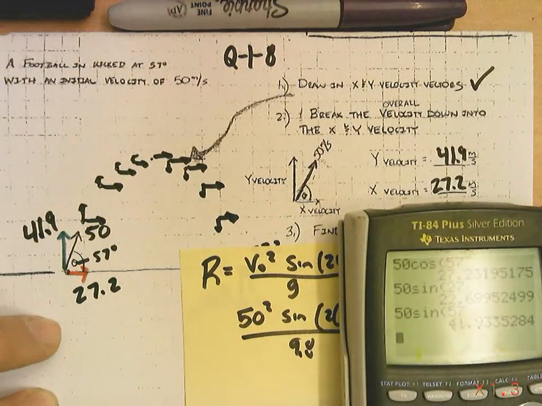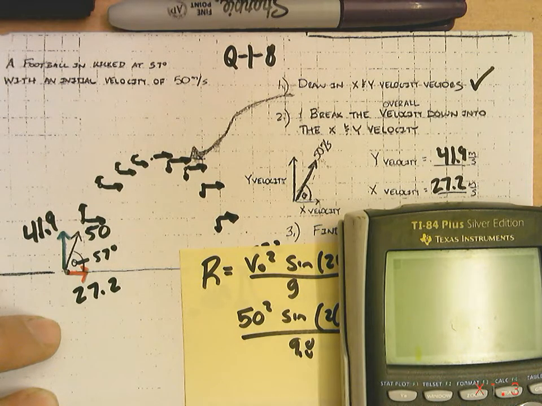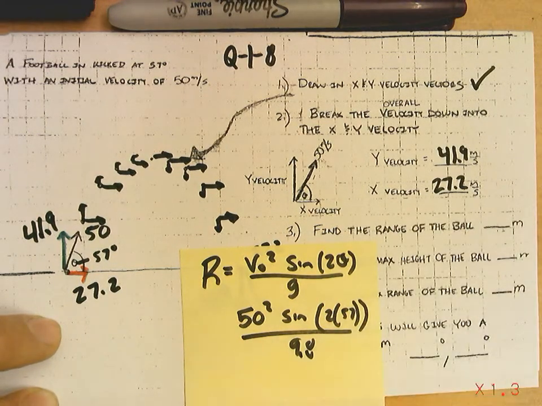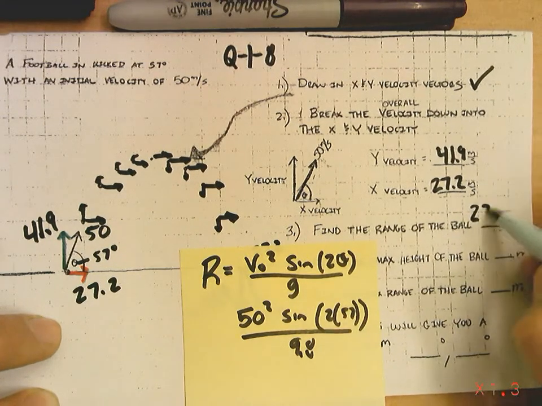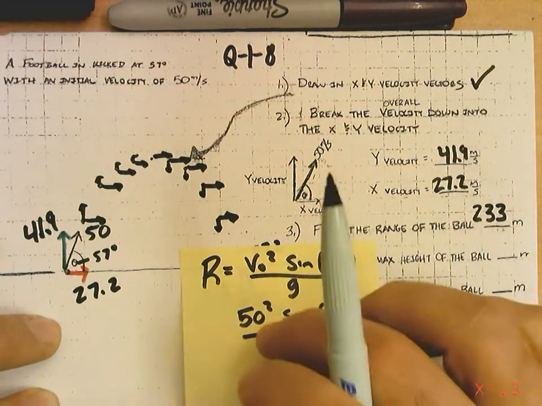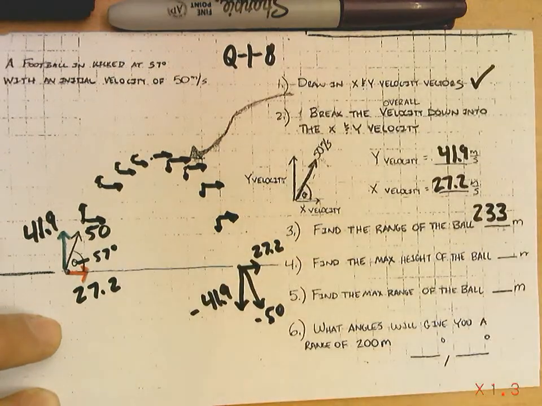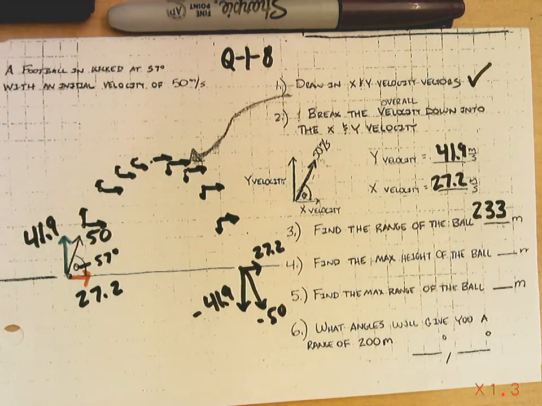So we go to type this in, and it's 50 squared times the sine of 2, and then inside that parentheses also we want to add in the angle 57, so 114 will be what we're really doing. And then we just want to divide by 9.8, and that will give me the range of 233 meters. So that's the range. We could then check that if we wanted to by finding the time.